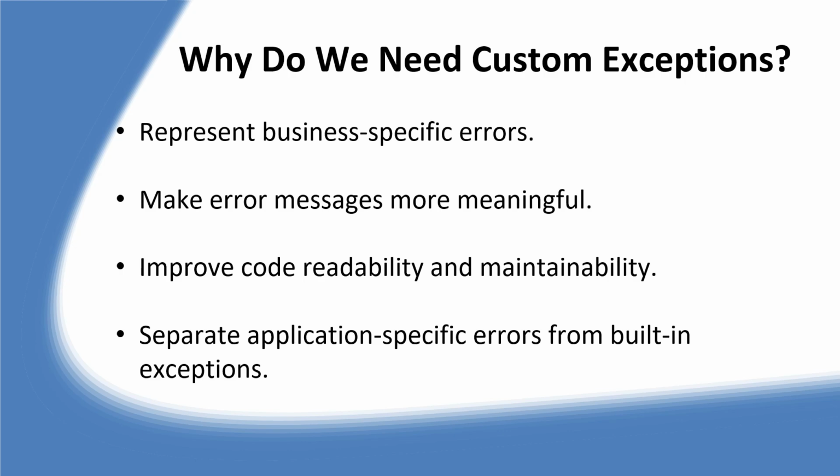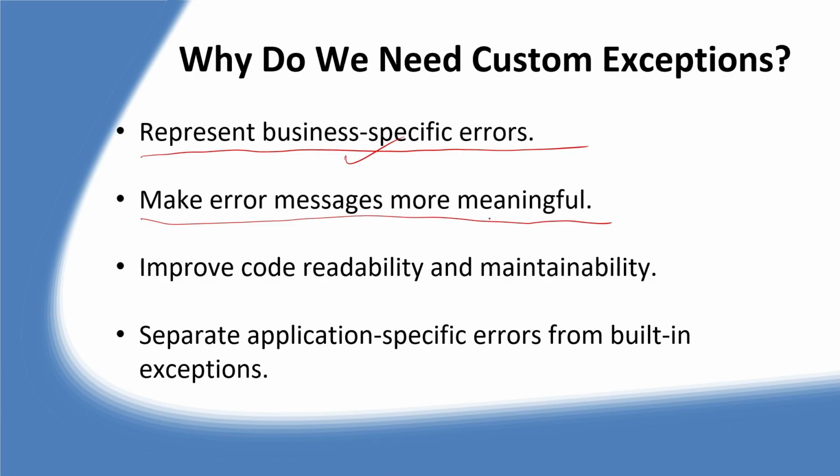So instead of throwing a generic built-in exception, you can create your own exception. It might be something like InsufficientBalanceException, making the error more meaningful and easier to understand. So for those kinds of use cases we need a custom exception. Here they have mentioned some points: represent business-specific errors, and make error messages more meaningful, like InsufficientBalanceException.